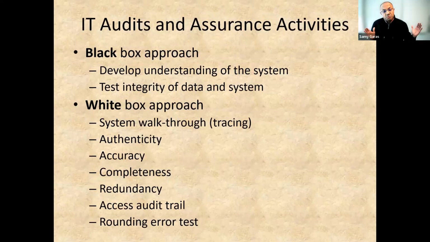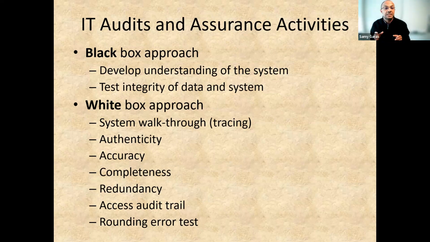Now, when we check the general control related to the IT department and the system, and the application control, the input, process, and output, we come as auditor or examiner to check what happened in either the general control or the application control.